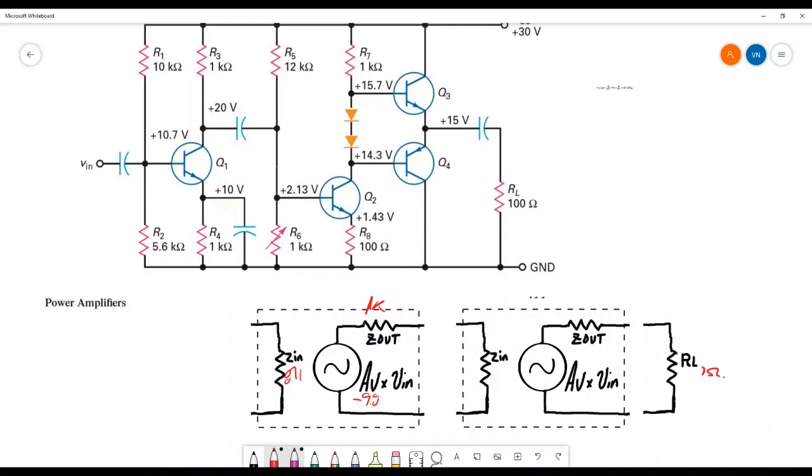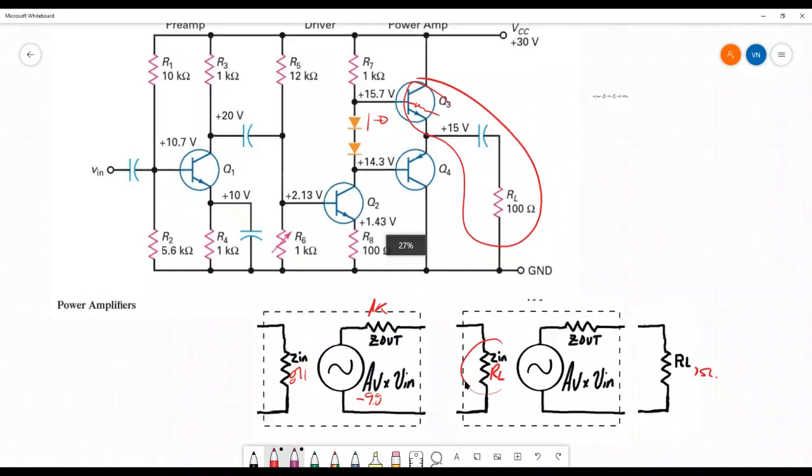If I look into the base of the transistor for the second stage, there's going to be an R prime E there. I would say that Zin of this stage is mostly RL. So stage two sees pretty much RL as its Zin.